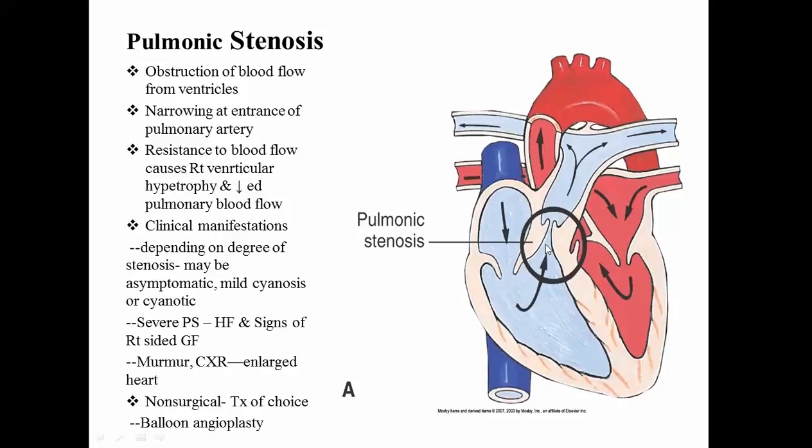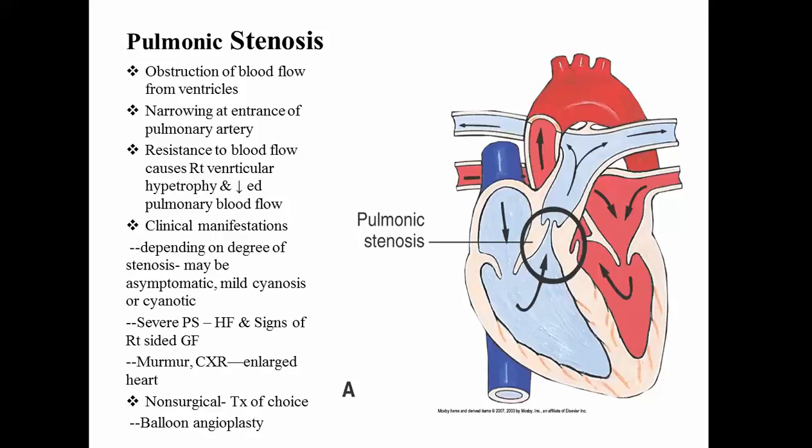So you have less blood flow going to the lungs. If right ventricular failure develops, then right atrial pressure increases, and it may reopen the foramen ovale. So really what happens is there's shunting of unoxygenated blood into the left atrium, and systemic cyanosis will be present.